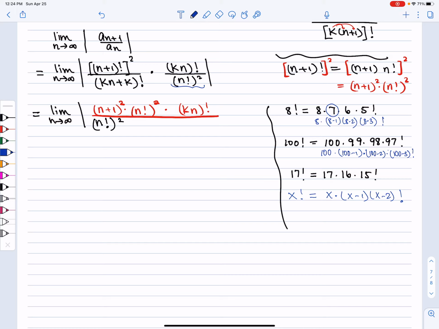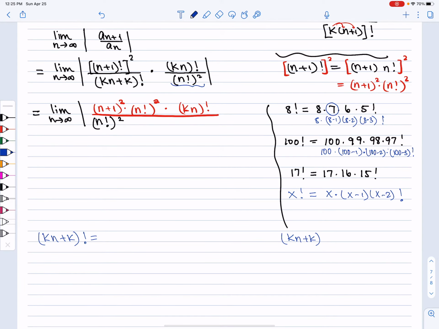So this is why I'm doing all this. If we have kn plus k factorial, I'll do it over here because I'm going to need space, then this is going to be kn plus k times kn plus k minus 1 times kn plus k minus 2 times kn plus k minus 3. I'll do one more.